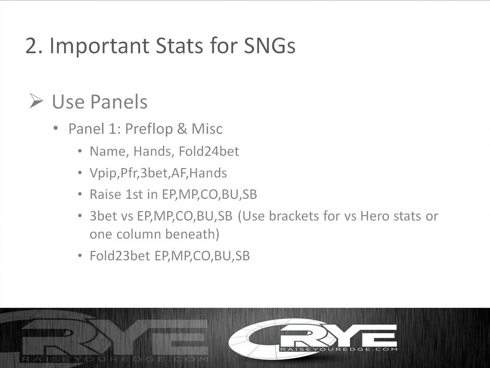And many players don't have these stats. They just have the steal stats and VPIP and PFR. But when you use these stats, you will see that the stats in early position and middle position are so different between the players. When we move up in stakes to the $60, $100, $200 level, some players are very loose in early position or extremely tight.